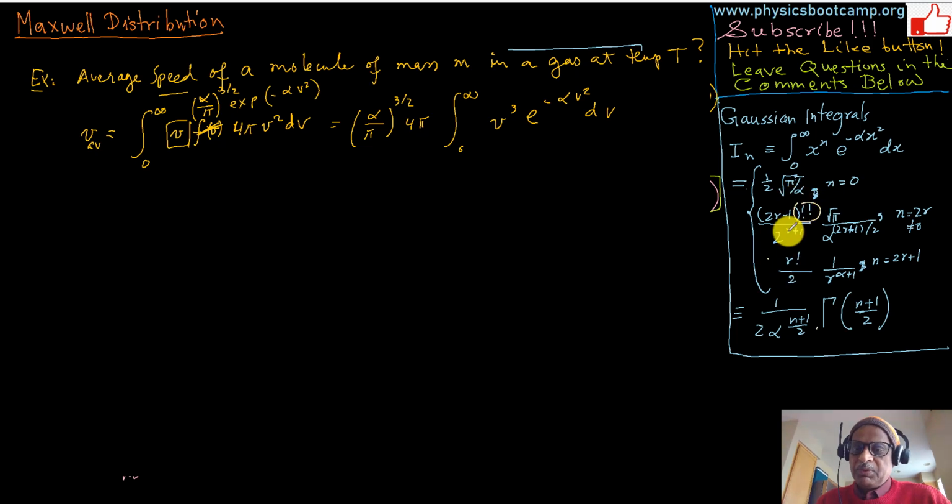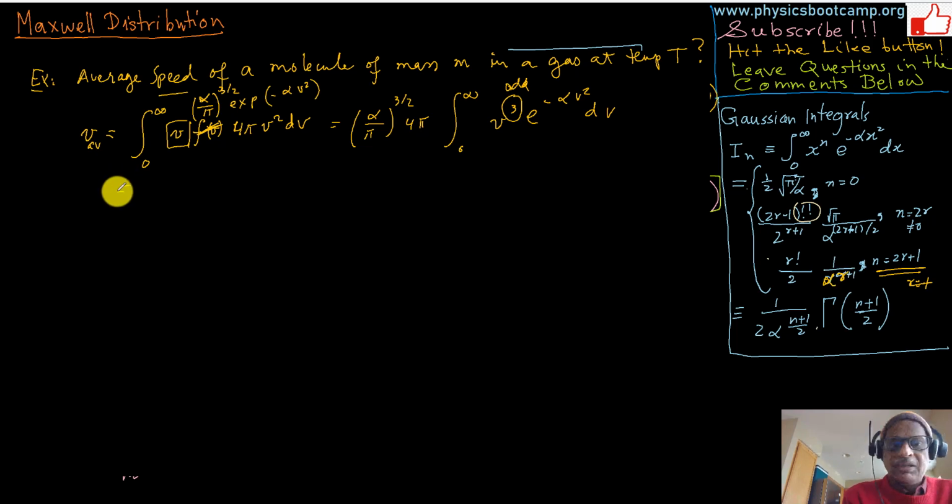So look up in the table, because this is an odd power. We are in the situation with r equals 1. So this is alpha to the power r plus 1.